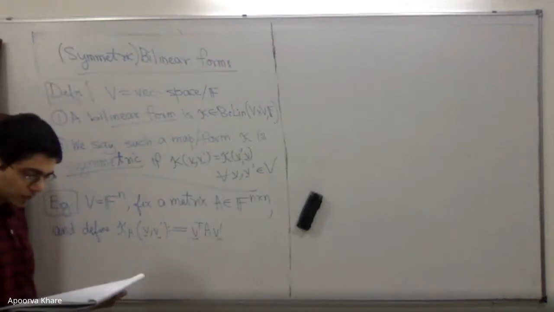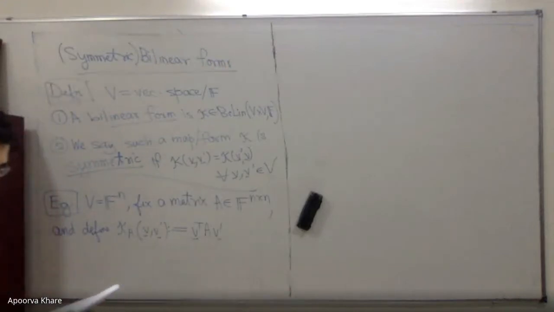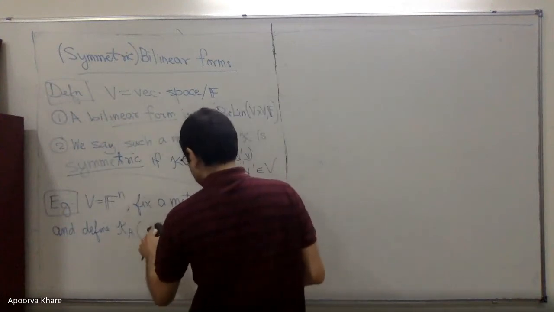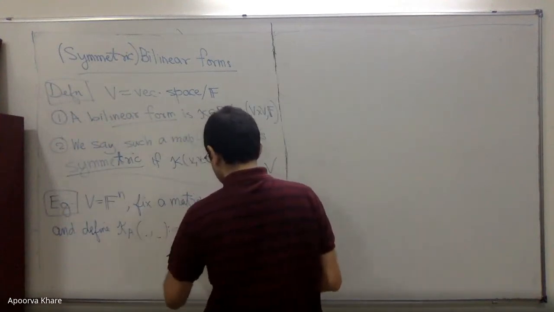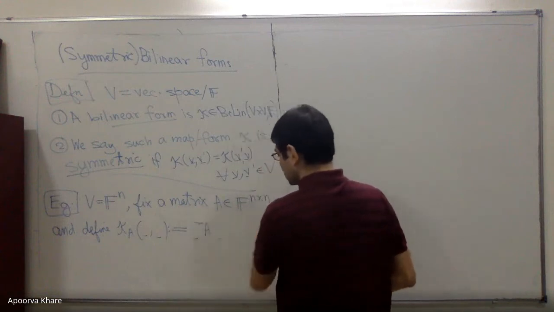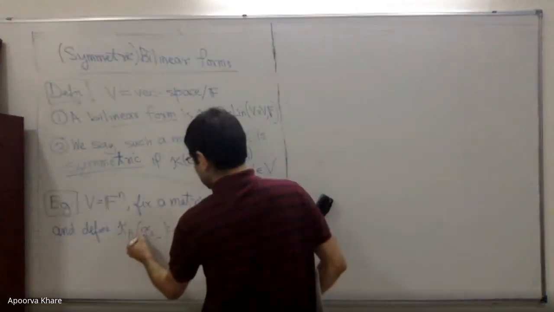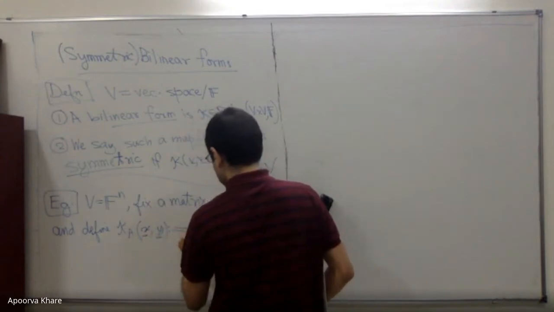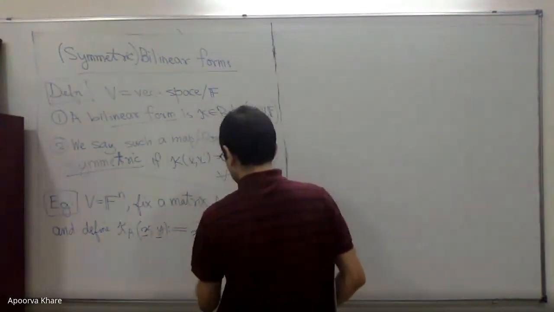Maybe I should say x, y. Or maybe I will say x and y for fun, just so that you don't keep confusing the V and the V prime. So x is the first argument, y is the second. So x transpose A y.